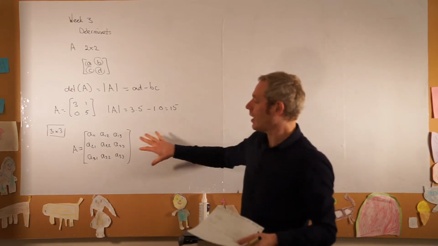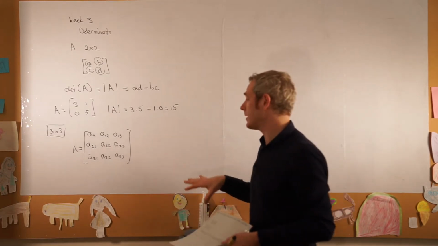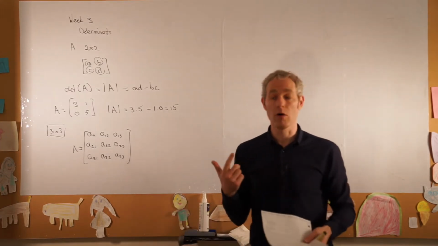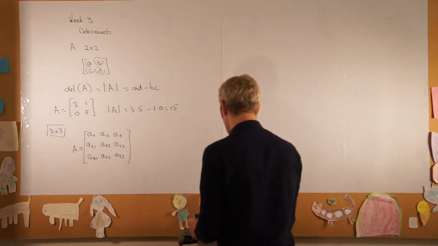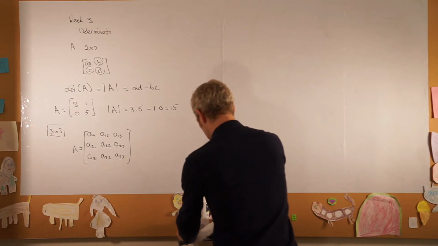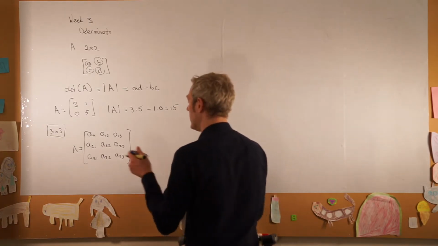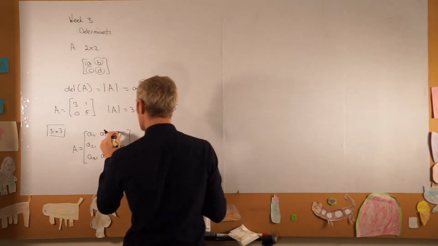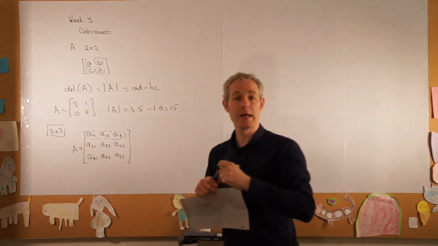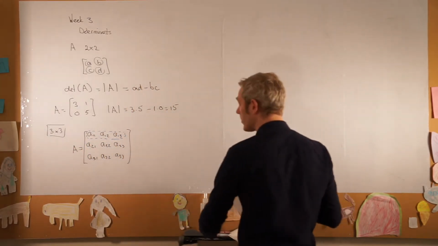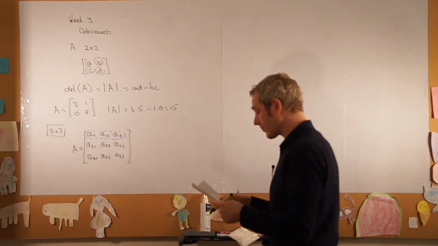Now, to calculate the determinant of a 3 by 3 matrix, we need to select a row or a column, and it can be any row or any column. For now, I will select the first row. But it doesn't matter which row or column you take, the determinant will always be the same.